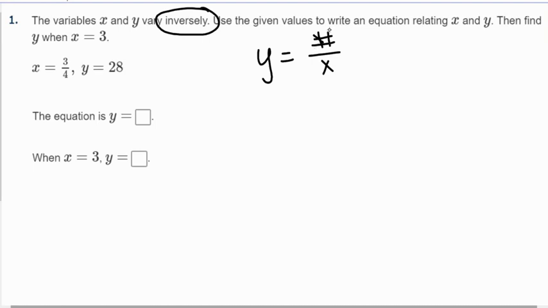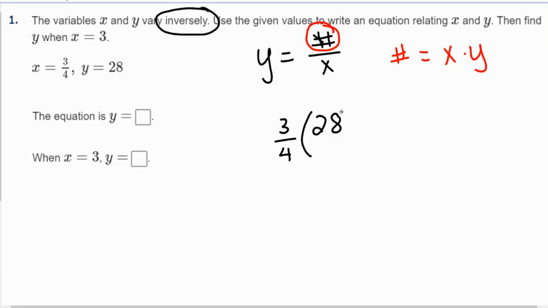The way that you find that number is by multiplying x times y, okay? So if we take these two values here, x is 3/4 and y is 28. We can find our variation constant, that's the number on the top of our fraction, by simply multiplying 3/4 times 28.